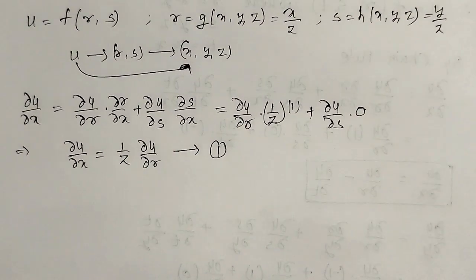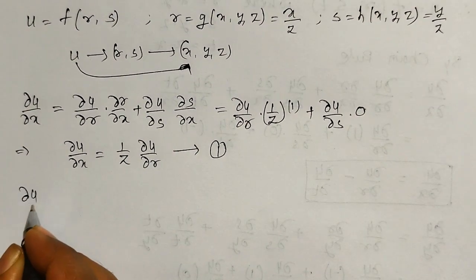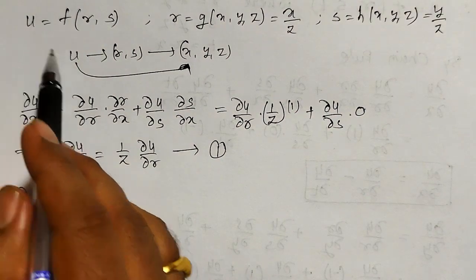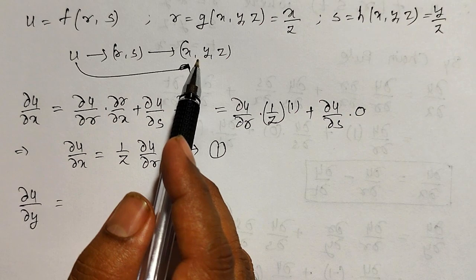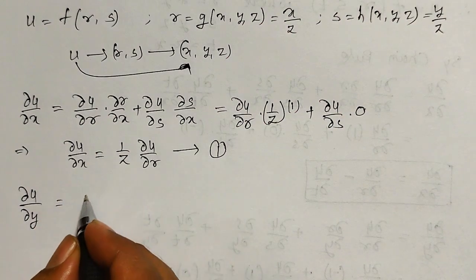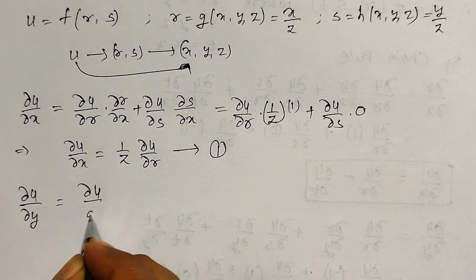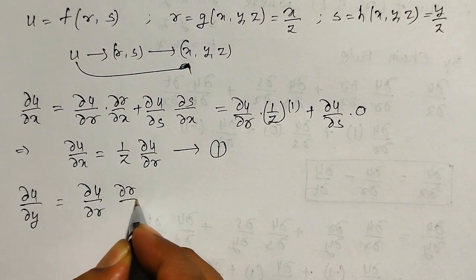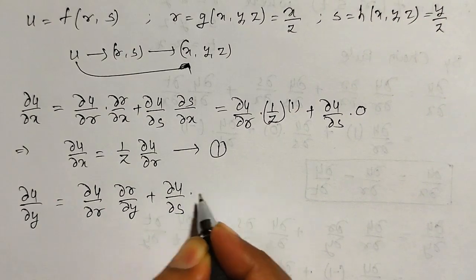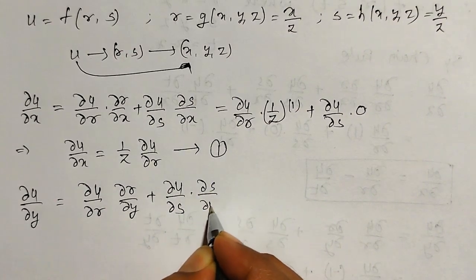Similarly I have to find now dou u by dou y. Dou u by dou y exists because u is indirectly a function of y also. Therefore the partial derivative dou u by dou y exists. To define it using the chain rule, I will write it directly now: dou u by dou r into dou r by dou y, plus dou u by dou s into dou s by dou y.